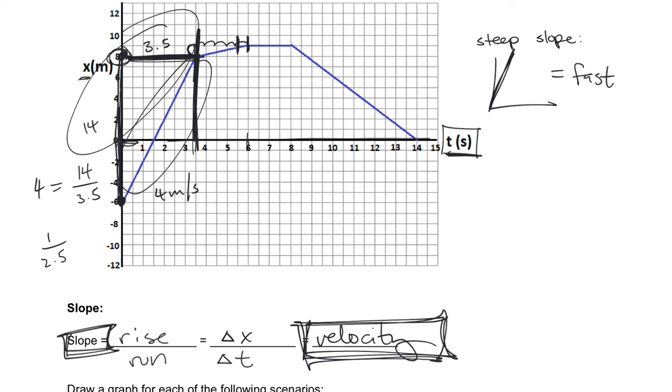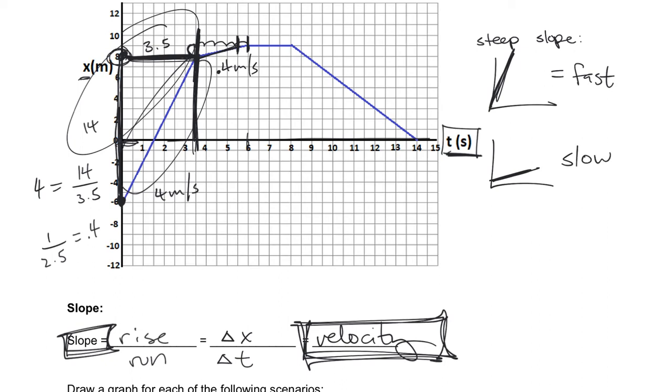So if you do 1 divided by 2.5, the number you will get is 0.4. So that section right there is going to have a velocity of 0.4 meters per second. So a steep slope is going to be fast and a flatter slope is going to be slow.